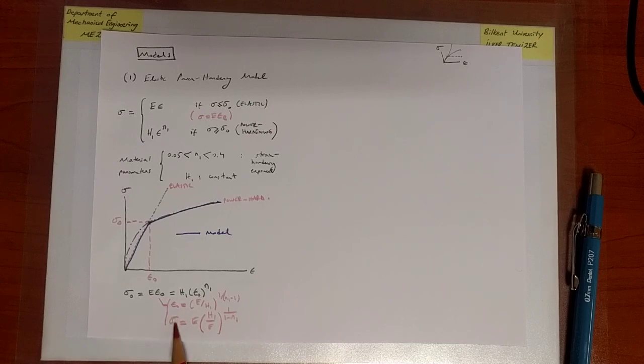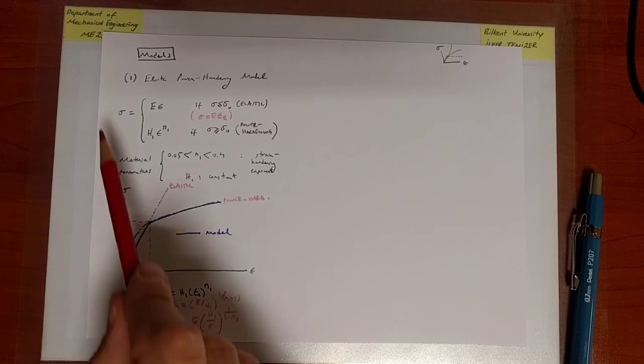Alternatively, if we are somehow given sigma naught beforehand, let's say together with E, then sigma naught is given, E is given, only H1 or N1, one of the two, can be supplied, because this relation always needs to be satisfied. If I know sigma naught and E, and let's say I know what H1 is, N1 is something I can determine from this equality, and so on.